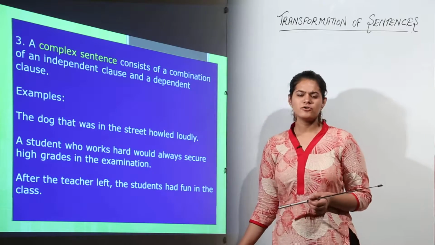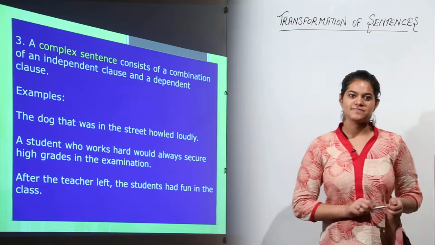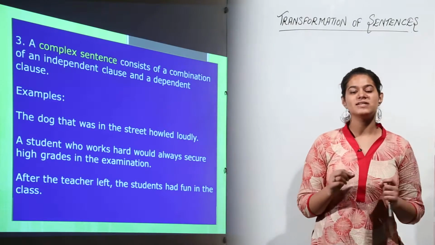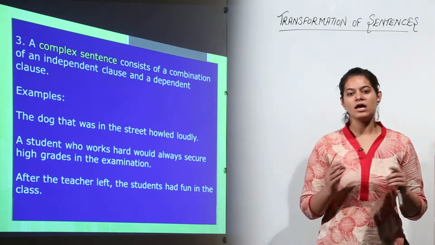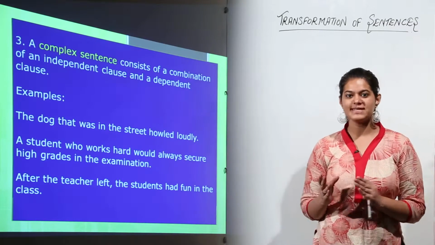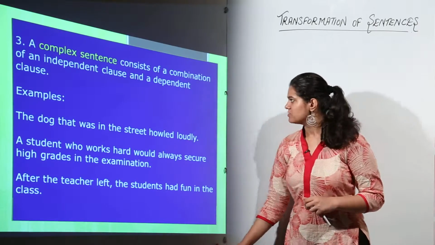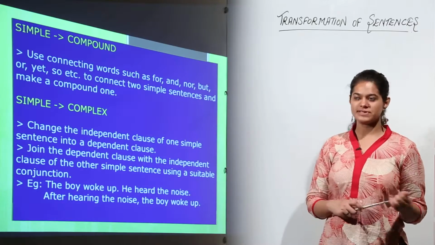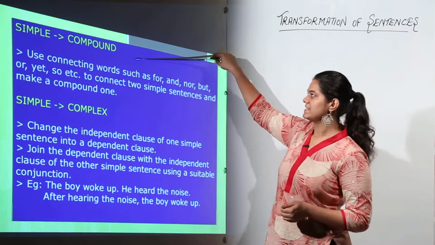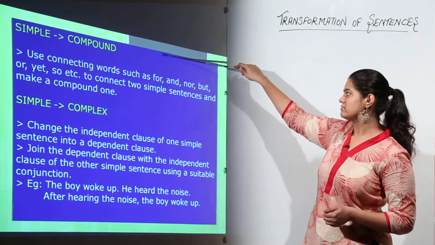Okay, now let's move on to the transformation of these sentences. Simple sentences can be transformed into compound and complex, compound into simple and complex, and complex into simple and compound sentences. So let us first look at the conversions of simple sentences. How are simple sentences converted into compound sentences?